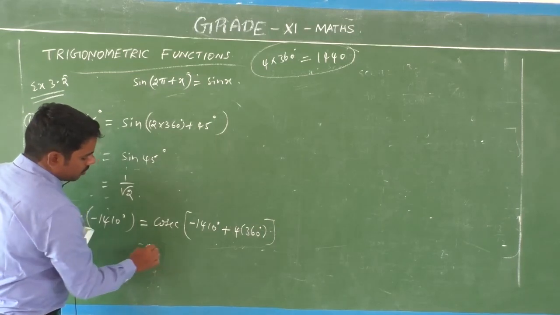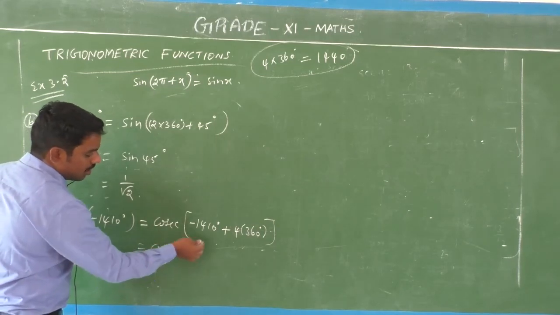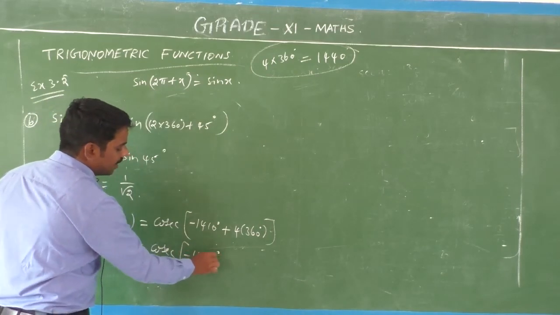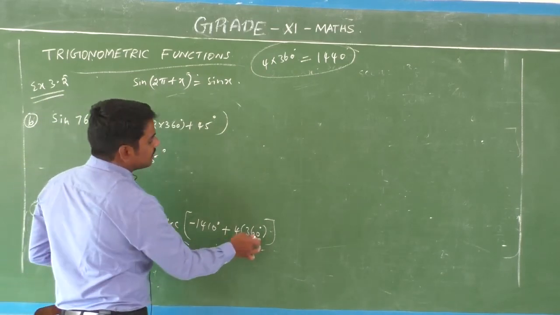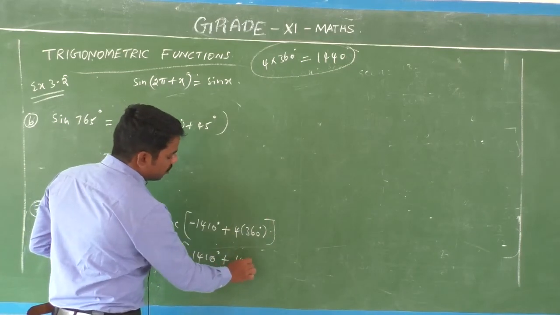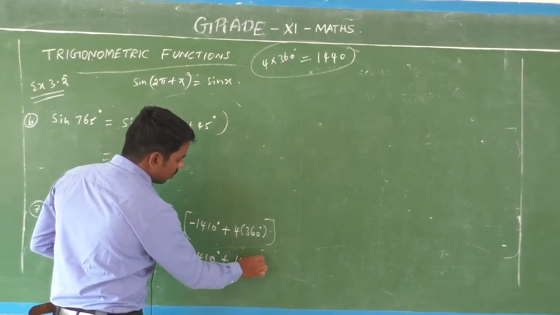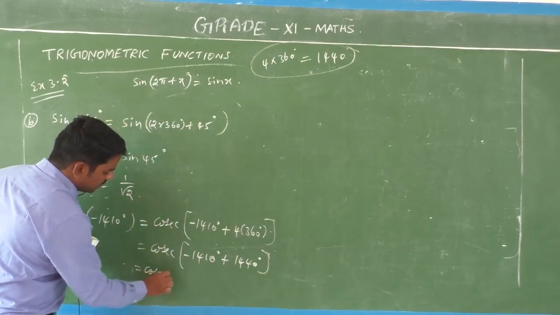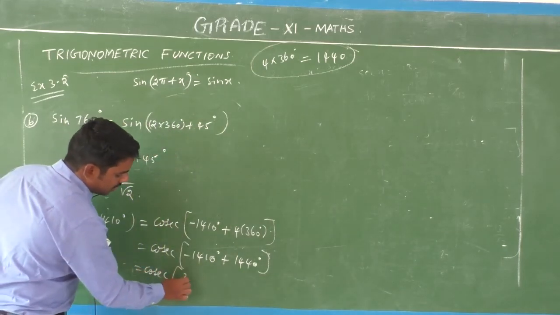So cosecant of minus 1410 degree plus 4 into 360, that is 1440 degree, is equal to cosecant 30 degree.